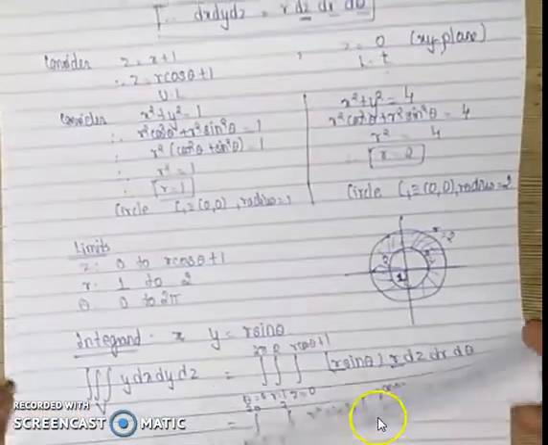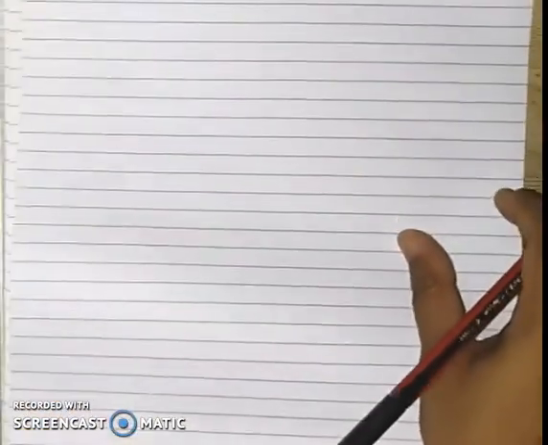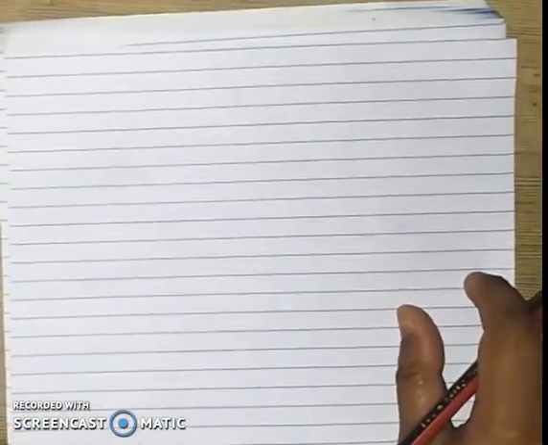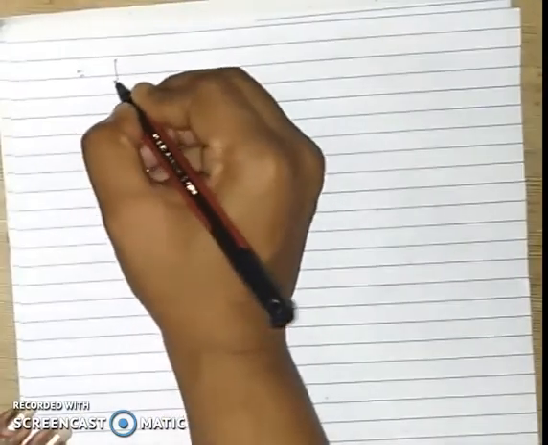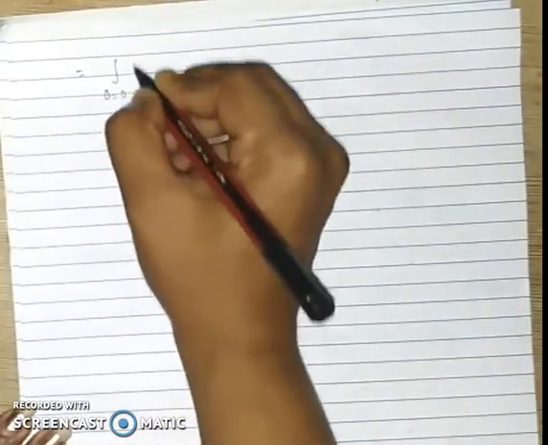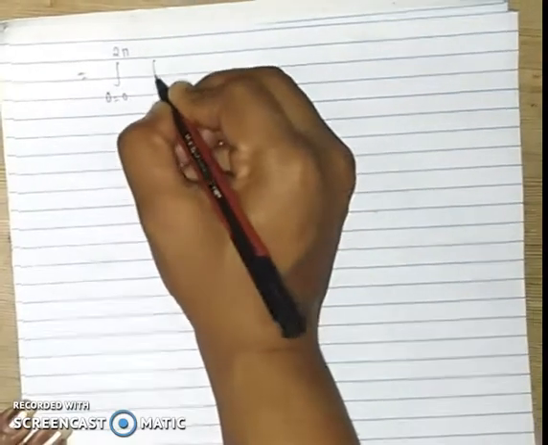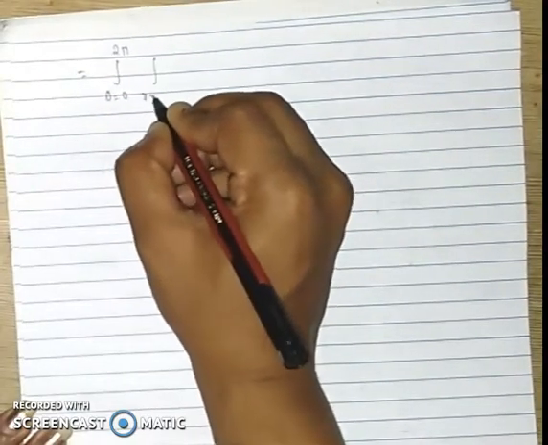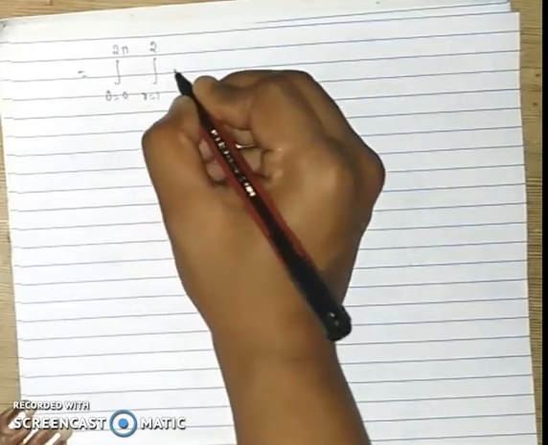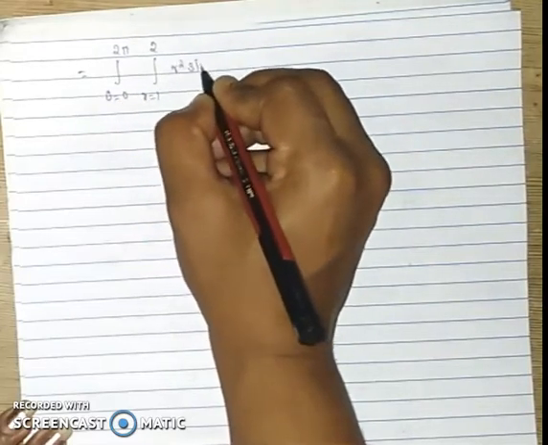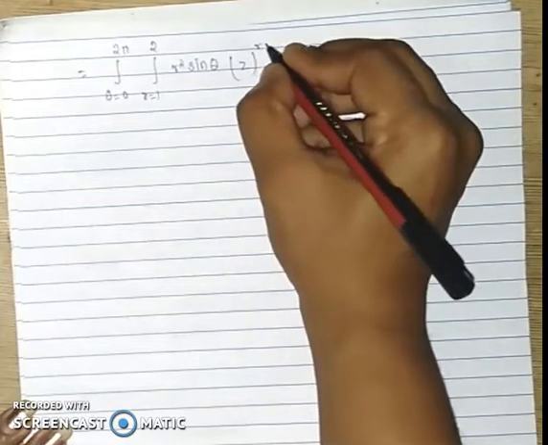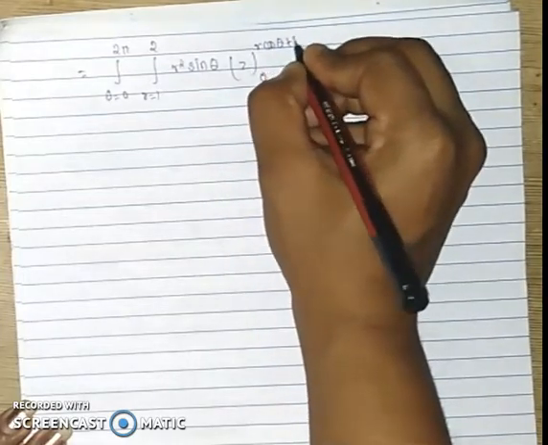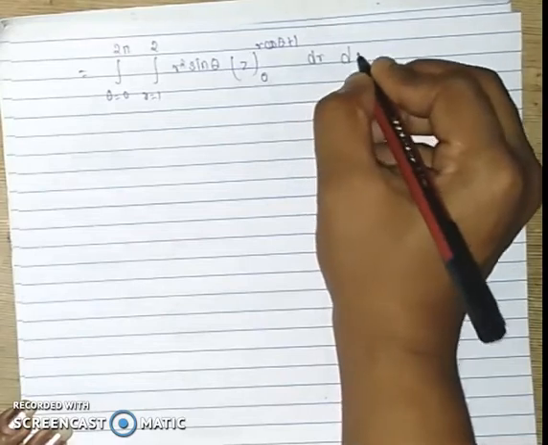Integration of 1 with respect to dz is z. r from 1 to 2, r squared sin theta which is remaining, z limit is 0 to r cos theta plus 1. Now we'll apply the upper limit minus lower limit.